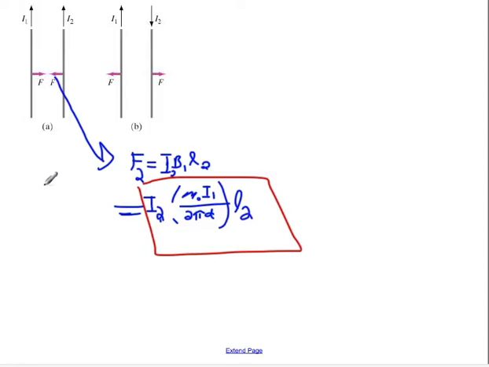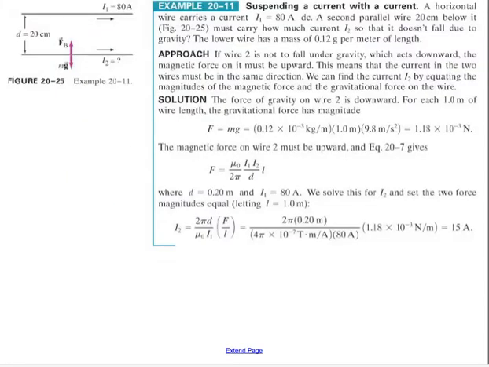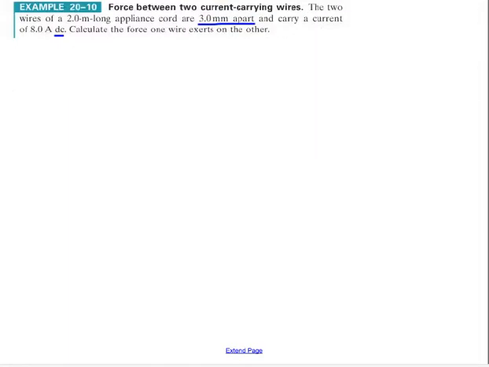Okay, so let's go back and apply that formula. Where am I at here? Nope, that's the one we're going to do next. Here we go. We have wires that are 3 millimeters apart, and we want to calculate the force that one is producing on the other. They both have that 8 amps, so we'll have 8 amps squared. So the force is going to be mu naught over 2 pi.